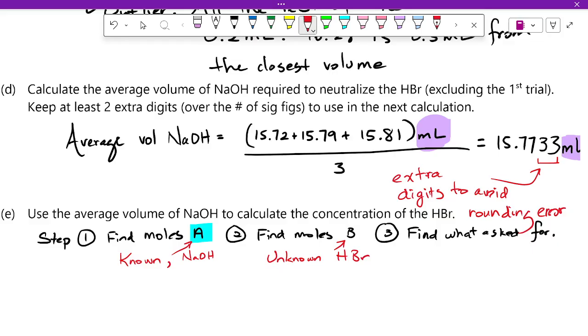If you're stuck, write down everything that you know about the NaOH. Go back to the question and be like, what do I know about the NaOH? I know that there are 15.7733 milliliters. Do I know anything else? I know its molarity. Yes, I do.